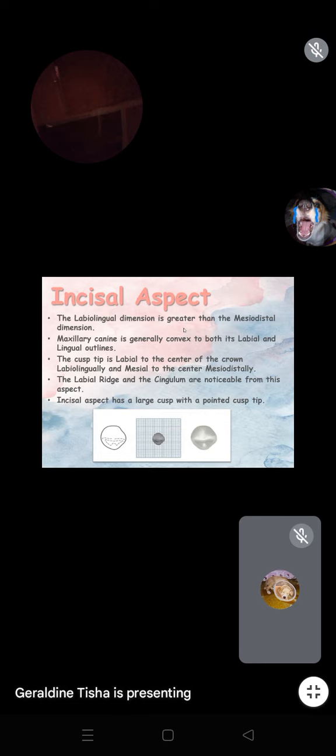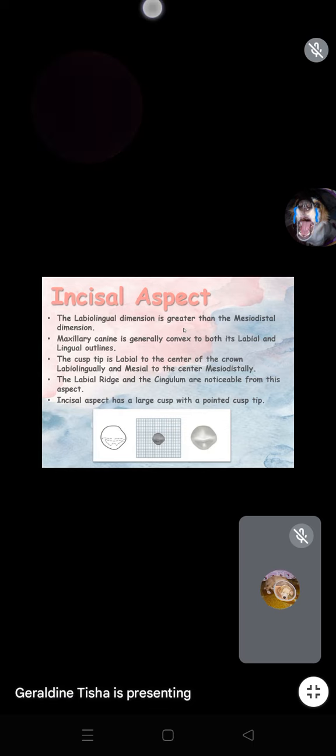Let me go back to the incisal aspect, from the first bullet. The labiolingual dimension is greater than the mesiodistal dimension. Listen, everyone, I might ask you in the exam. Compare this with the centrals or incisors, be it central or lateral. Can anyone remember?